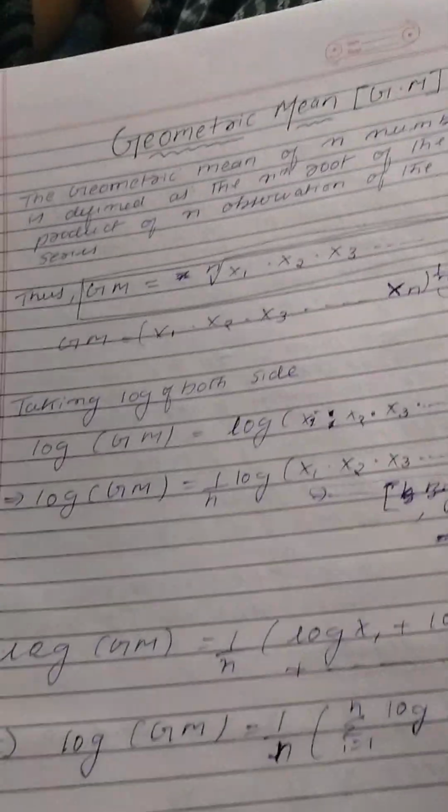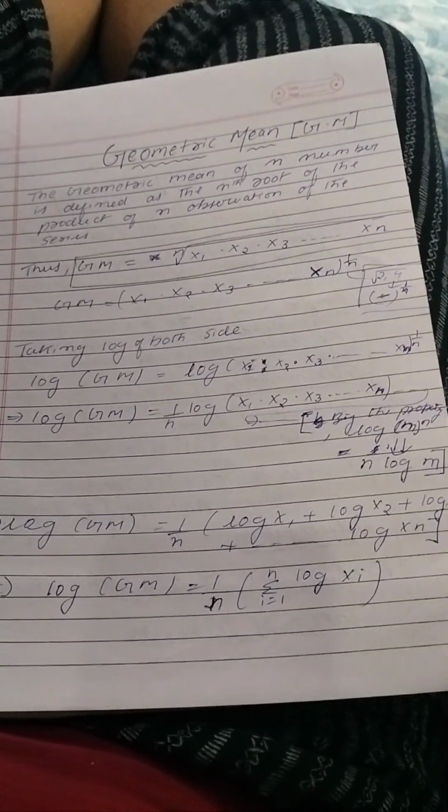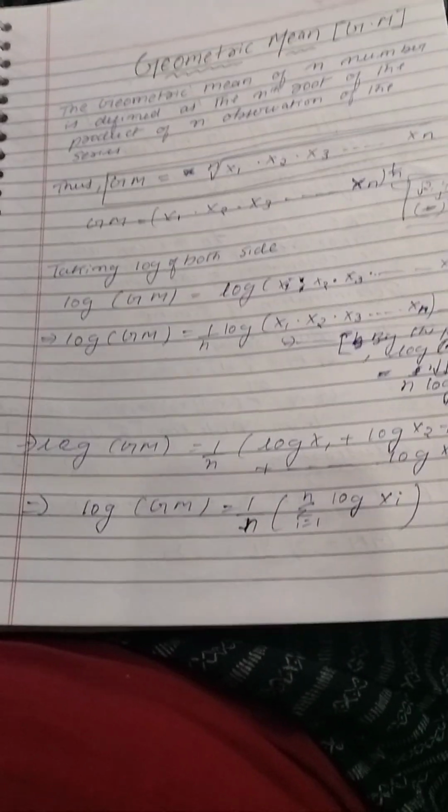Geometric mean is in short denoted by GM. Like the harmonic mean, which is denoted by HM, the geometric mean is denoted by GM.